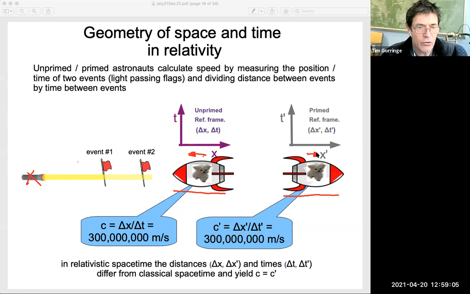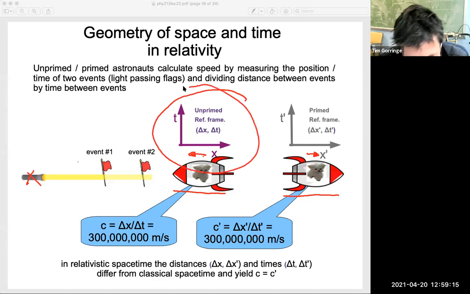Now, each of those observers has a reference frame, like the person on the platform and the person in the train had a reference frame. Here I've denoted the reference frame of the left-hand observer. I called it the unprimed reference frame.